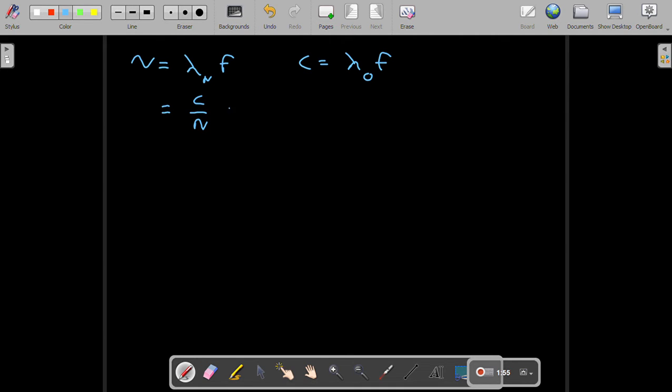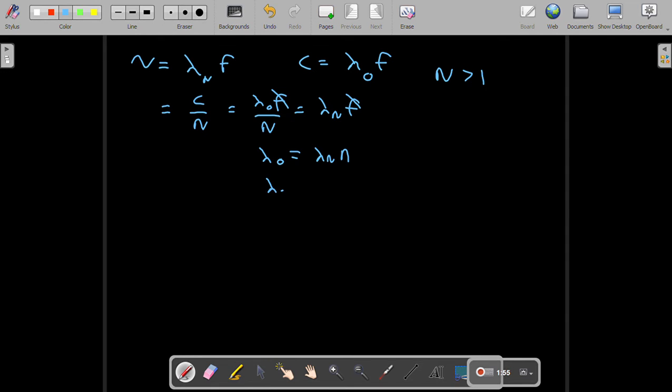And what's c? c is lambda naught times frequency, and v is lambda n times frequency. And I can actually come up with a relation here and show that lambda naught equals lambda n times n. And I know from this equation that n must always be greater than 1.